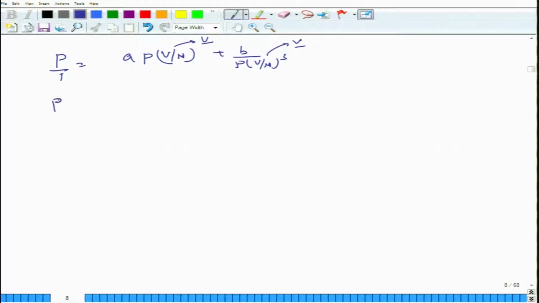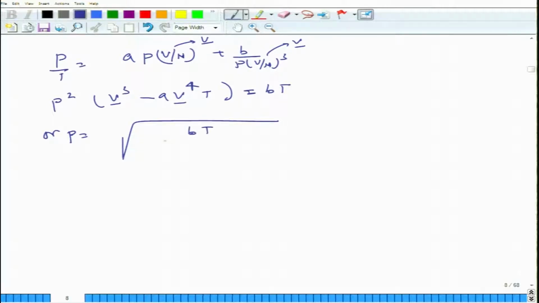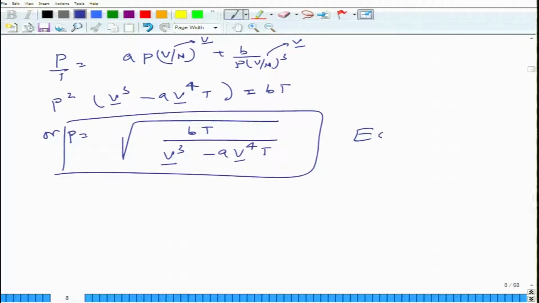And in that case you can write P as this equal to B T, or P is given by the expression. Okay. So, this is basically the equation of state based on the fundamental equation which is given to us.